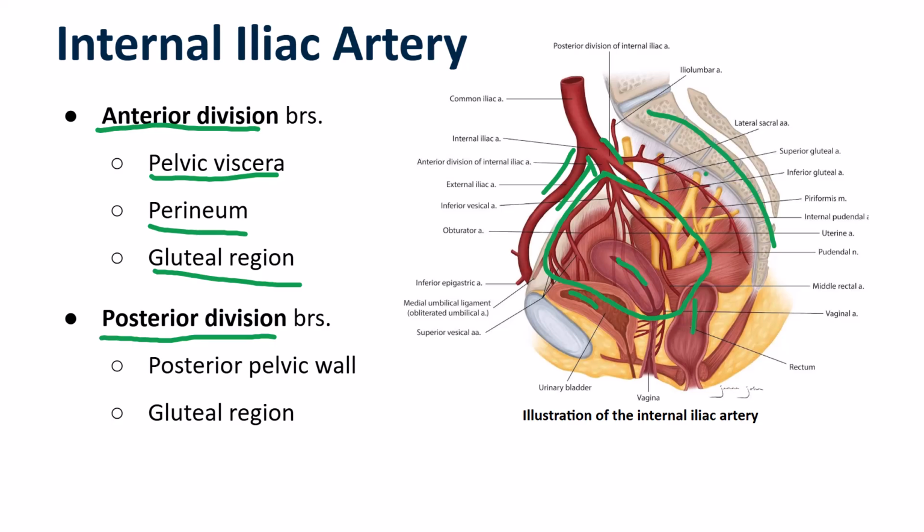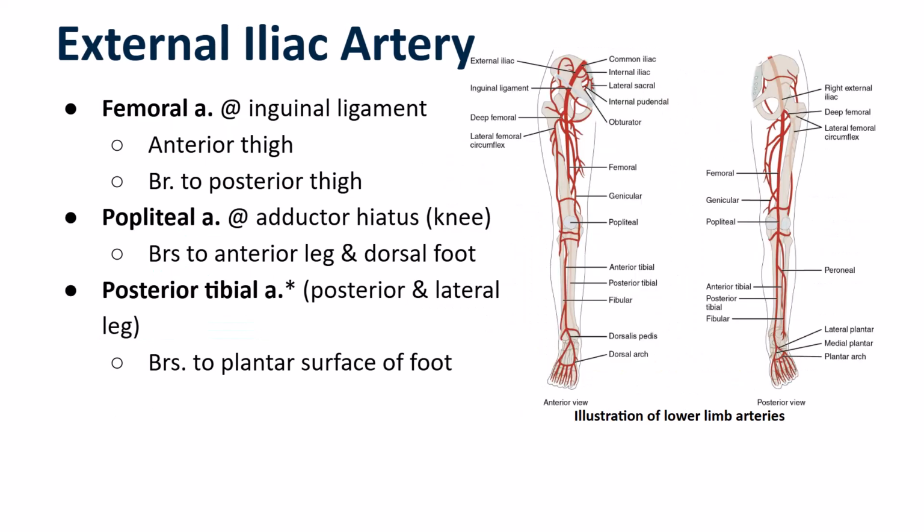The posterior division, which I can circle here, is going to serve the posterior wall of the pelvis, as well as some of the gluteal muscles. So between the two of these, basically everything within and comprising the pelvis is going to be served by this internal iliac artery. Now let's turn our attention to the external iliac artery.